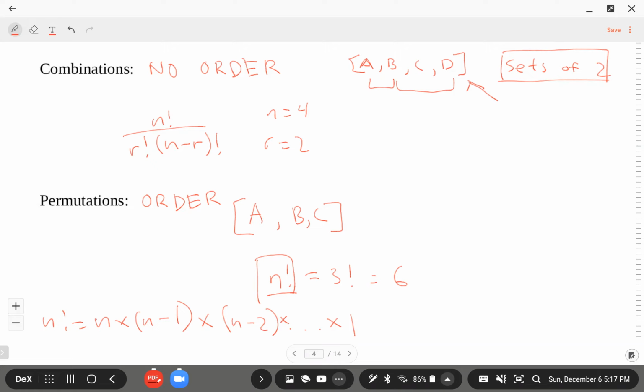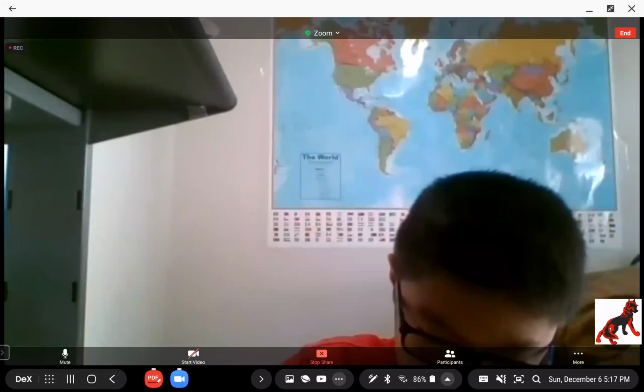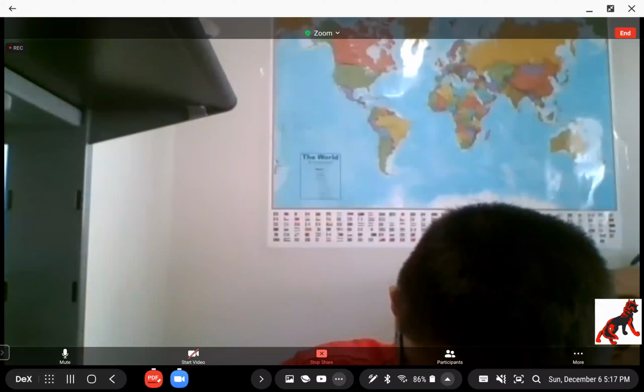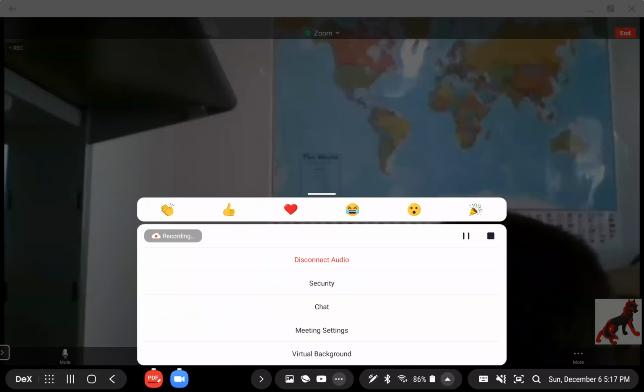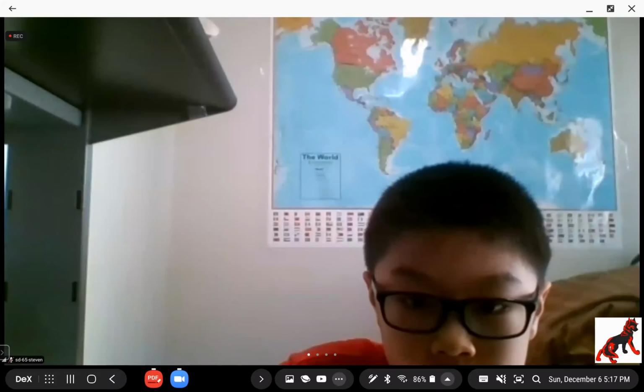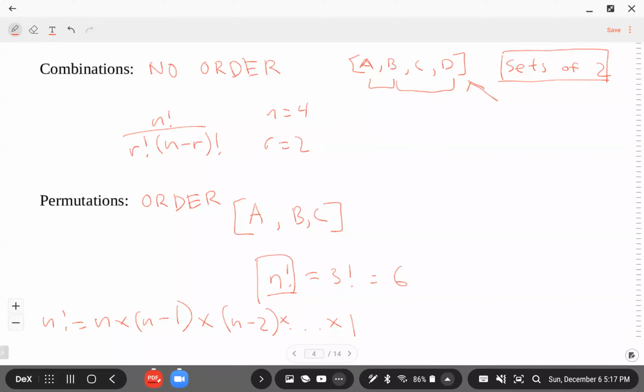There is no order in combinations. That is why we divide by the order. Does everybody understand? These are a few key points: combinations is no order and permutations is order.